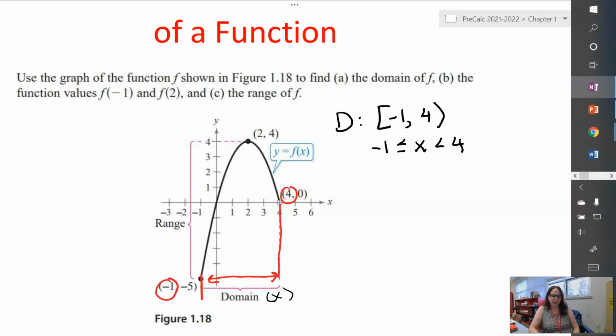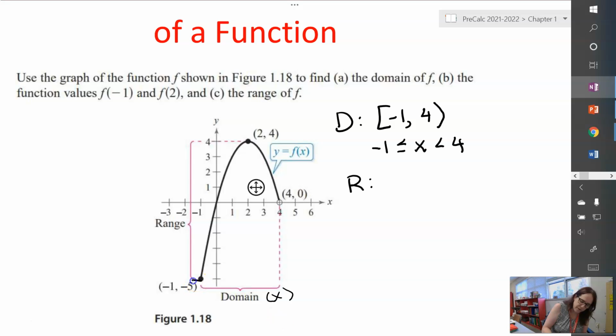All right, the range. Now that one is the y variables. So the range goes from here up to here. So there's our range, this area. Using the y's, it goes from -5 to, oh, it looks like I made a mistake here.